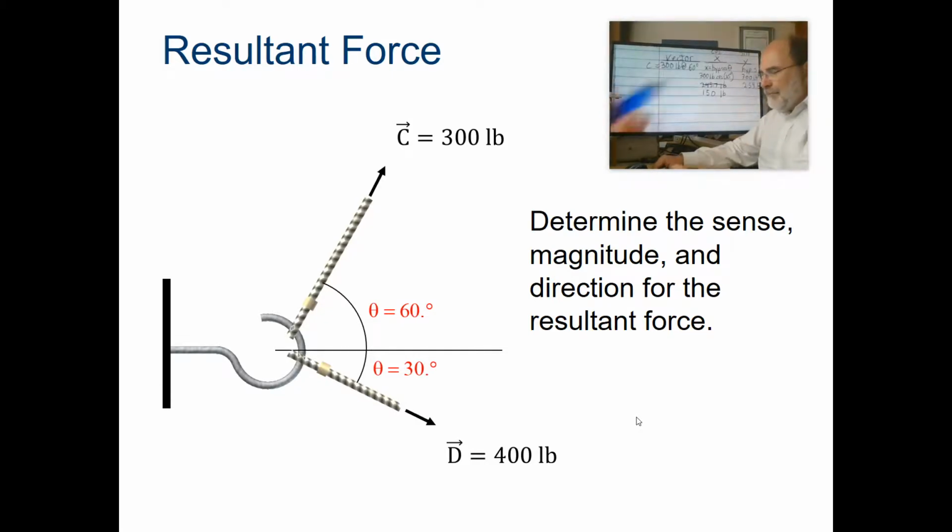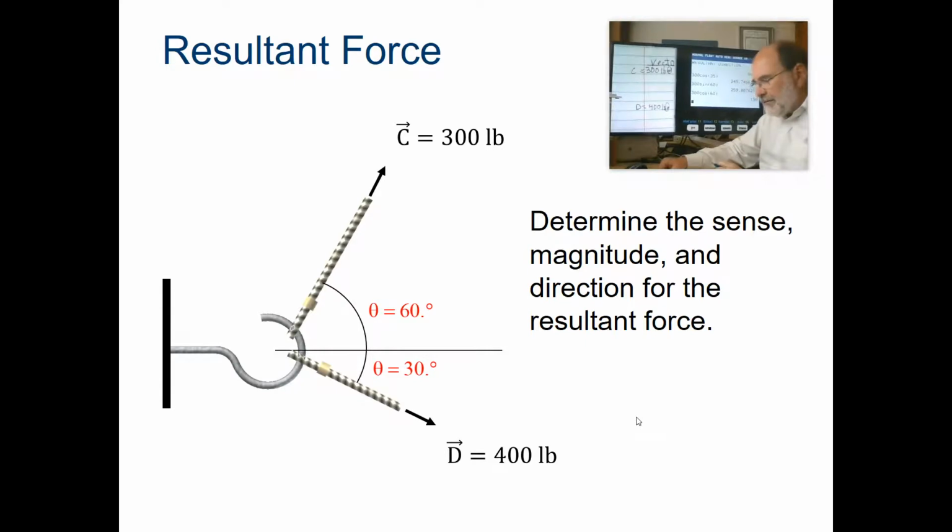So I'm spreading this out over 3 or 4 rows because of my mistake, but normally I would do this on one row. I wouldn't bother writing the formula again. I would just write the value. Here, let me demonstrate with vector D. So vector D says it is 400 pounds at an angle of negative 30 degrees. And so for the x component, I recognize that the cosine of 30 degrees is radical 3 over 2, which is 0.866 times negative 400.